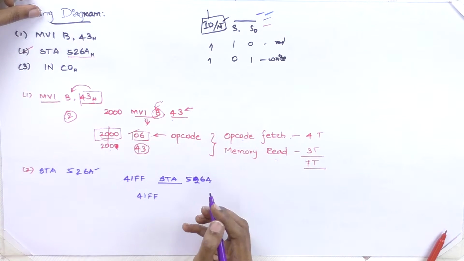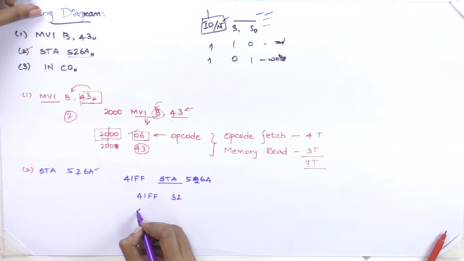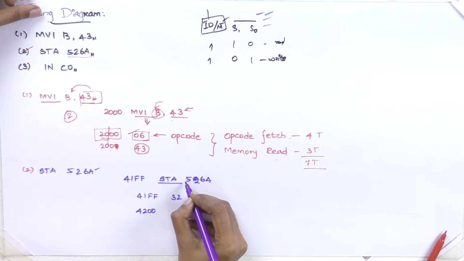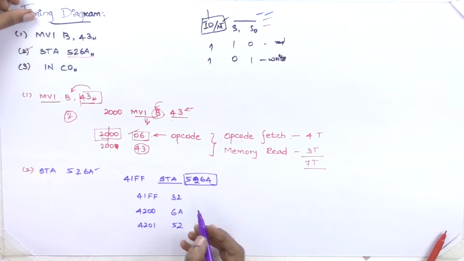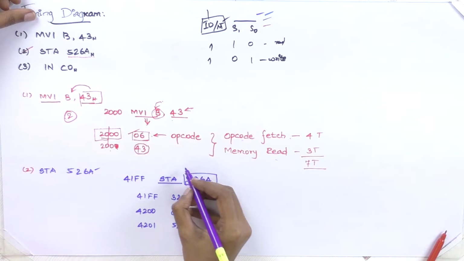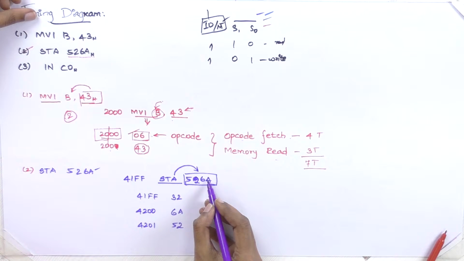The opcode of STA will be stored, that is nothing but 32. The next address would be 4200, where the address location has to be stored: 68 is the lower byte, then the higher byte 52. Okay, so what this instruction does is it stores the value in the accumulator into the memory location 5268.